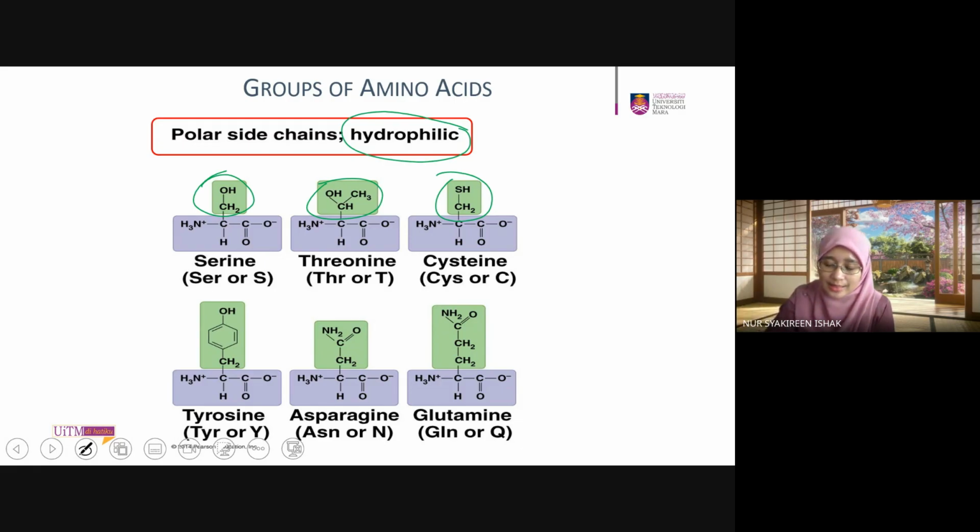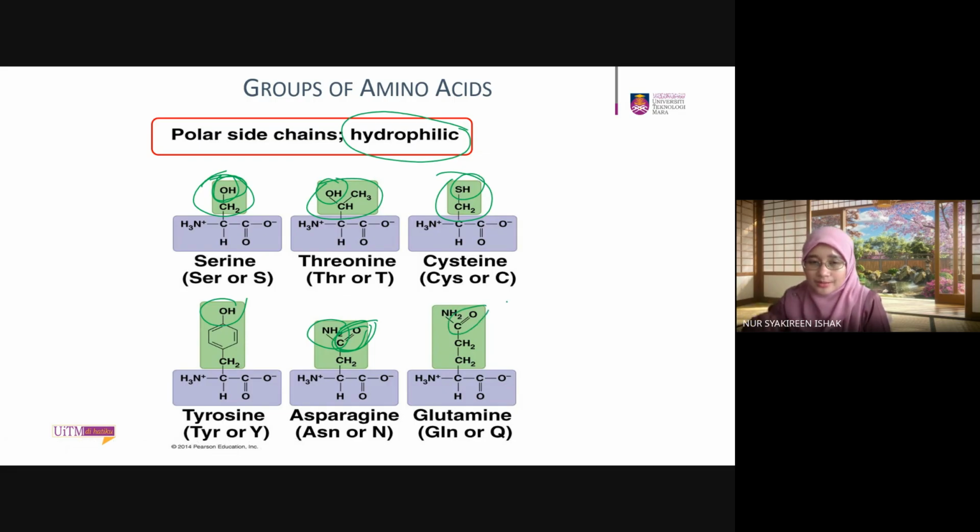Because the side chain has a hydroxyl group, or here a sulfhydryl group. Hydroxyl, another hydroxyl, and carbonyl allow the amino acid to have polar properties. Here the amino group also allows the molecule to be polar. And then glutamine also has a carbonyl group.